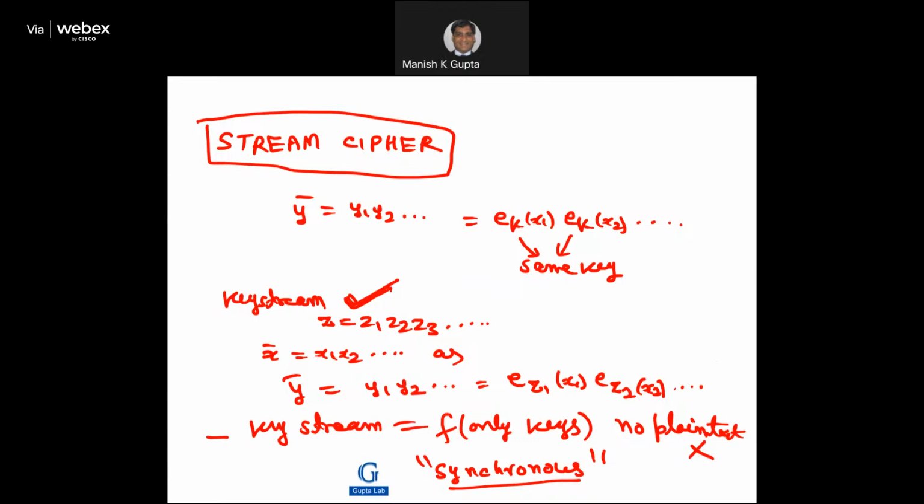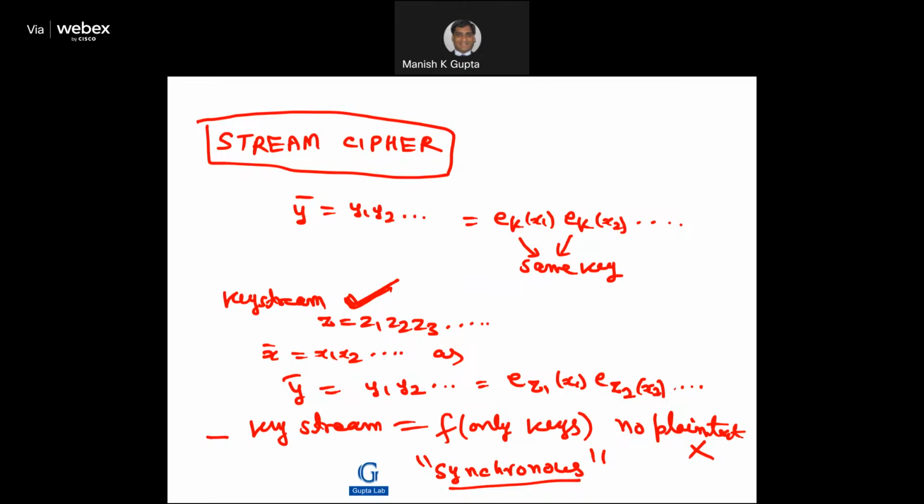Now in the block cipher, if you see y is y1, y2, y3, and so on, basically each yi is the encryption of xi, right? And the same key is used all across the data, all across the blocks.